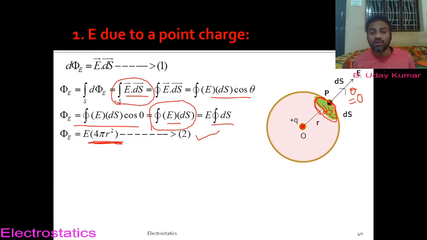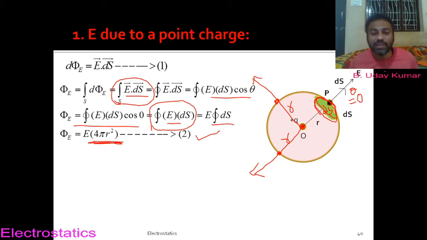If you observe, at point P the electric field intensity direction is outward. If the same point P is chosen somewhere here, the direction of electric field intensity will be in some other direction. If you choose the point P here, the direction will be downwards. So at different points the direction of electric field intensity will be different, but its magnitude will be constant, because all these points are at the same distance r.